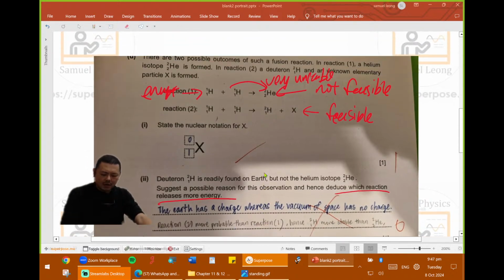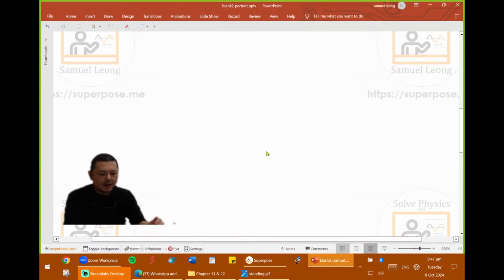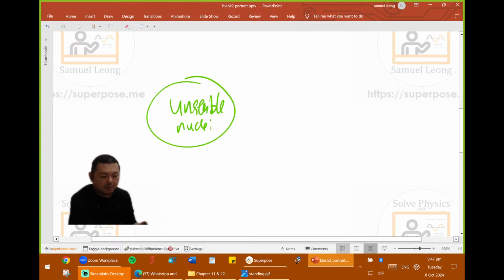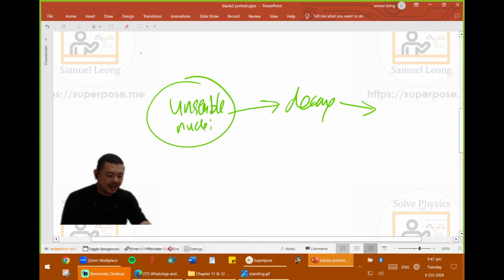It's a very straightforward thing, okay, right? So it's like that, unstable, right? Unstable nuclei. Like what would it do? So if it's unstable nuclei, there's one pathway it can decay, right? And if it decays, it becomes stable, right?